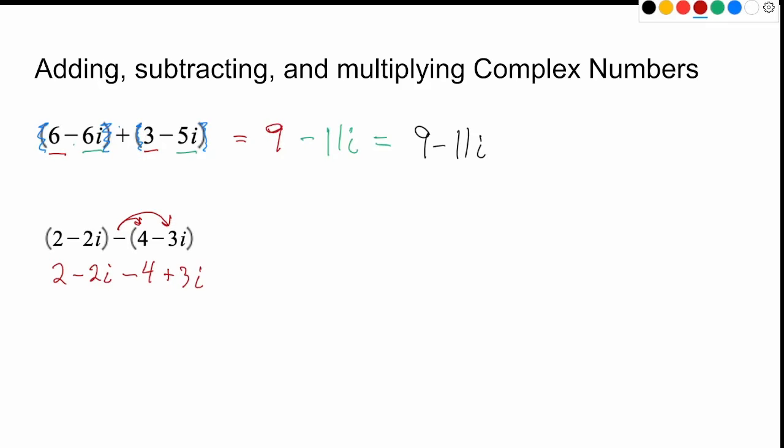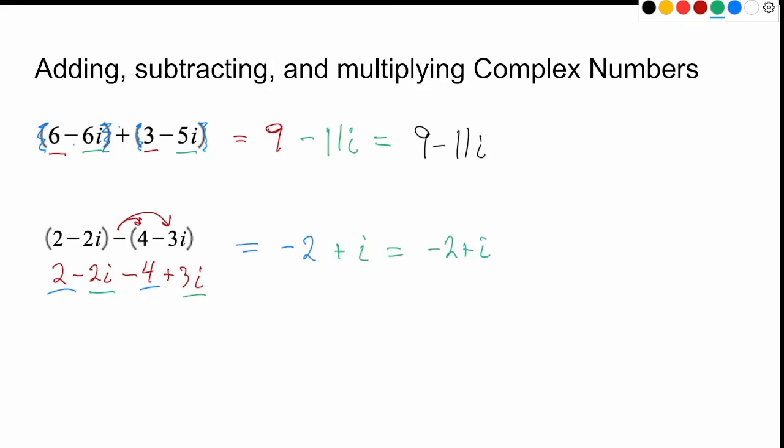Okay, and then again, we just combine like terms. 2 and 4 are like terms. They're both numbers, so 2 minus 4 gives us a negative 2. And then the i's are like terms. We've got a negative 2 and a plus 3. That's going to give us a plus 1i. And so we end up with negative 2 plus i.